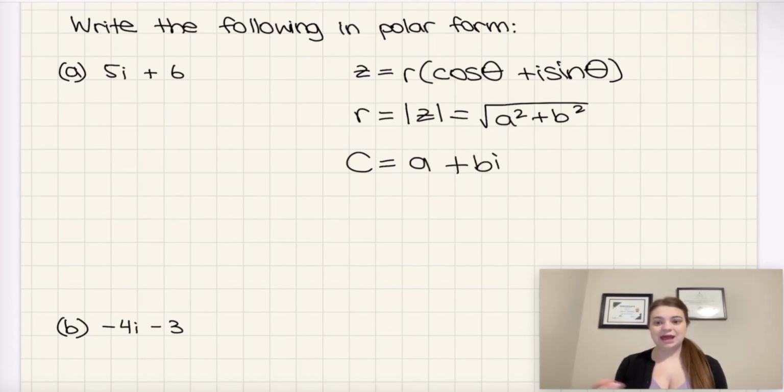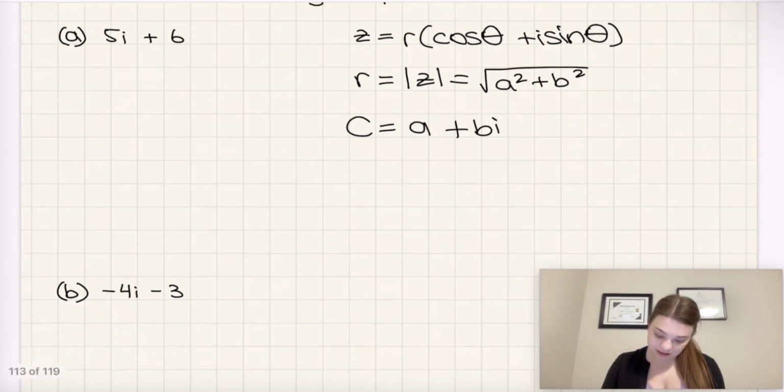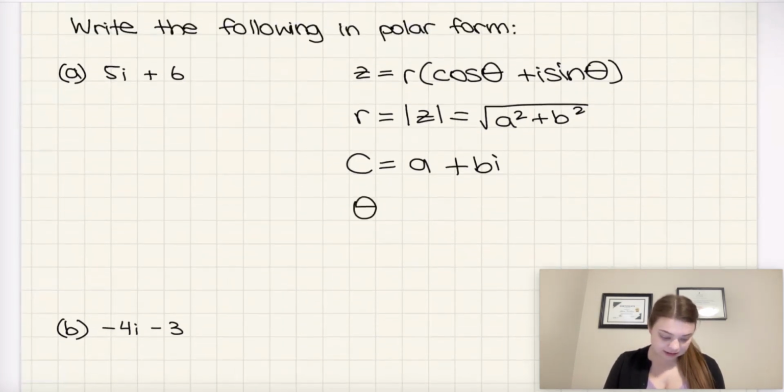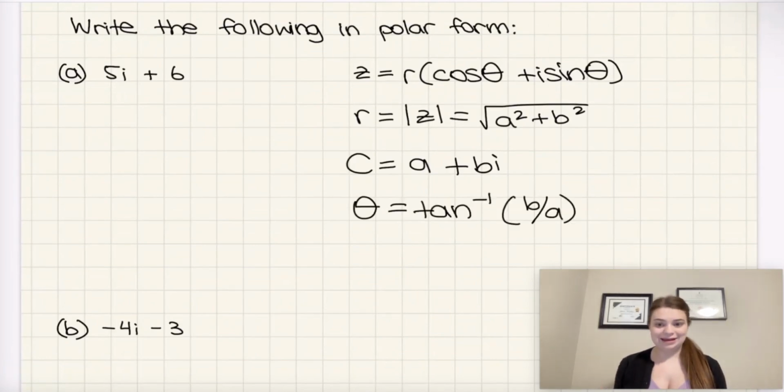That's what we mean by a and b: what is the constant, and what number is being multiplied by i, our imaginary component. We also know that theta is equal to tan inverse of b over a.